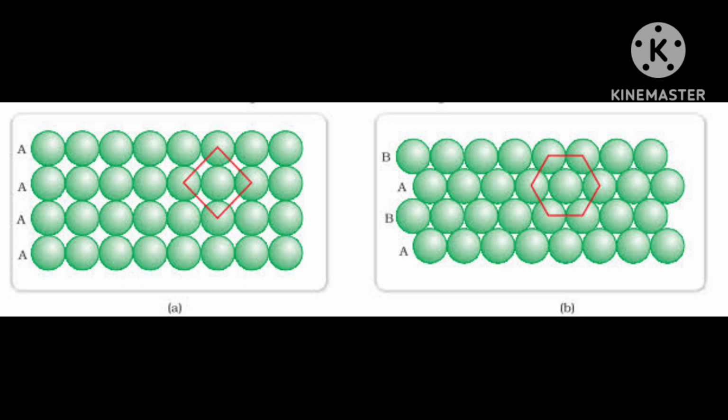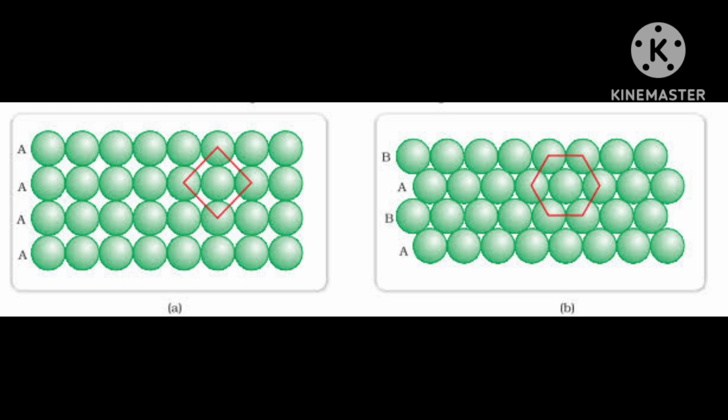Because suppose 7 rows, and in one row 7 spheres, second row also 7, third also 7, fourth also 7. Then you will find that between each four, one gap is there, a hole is there, that is called void. Okay, this is the one way of arrangement. Here I told you that close packing in 2-dimensional has 2 different ways.